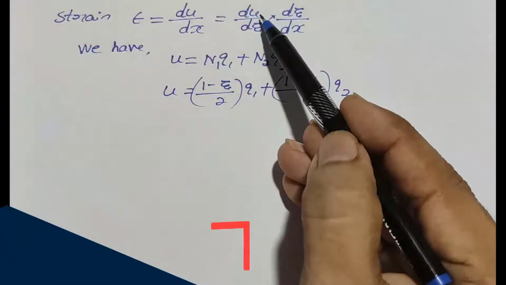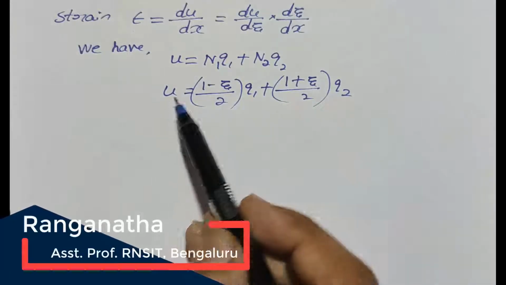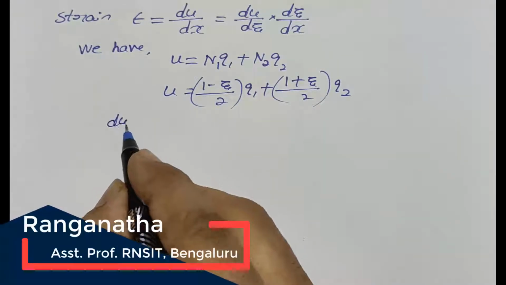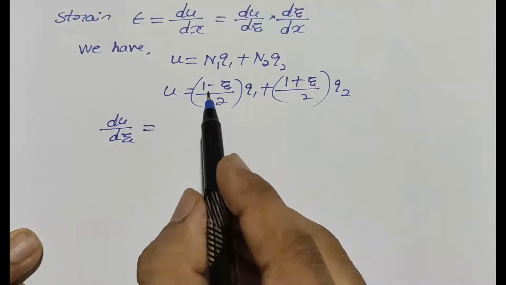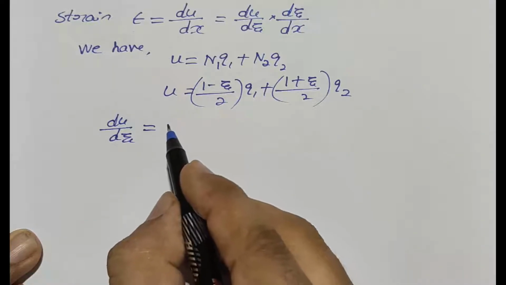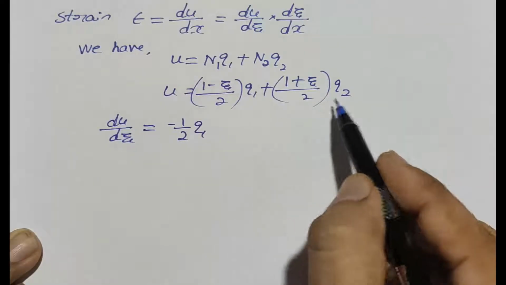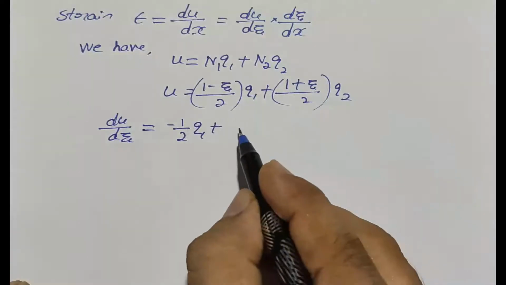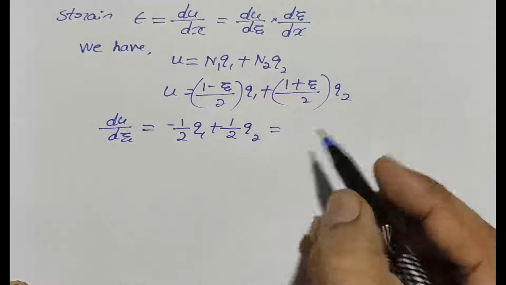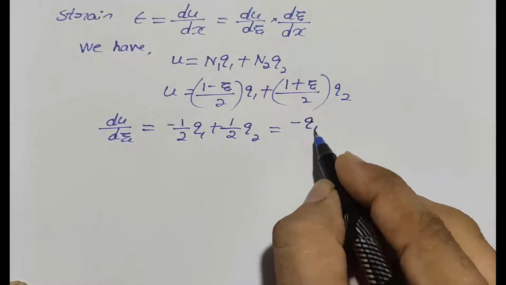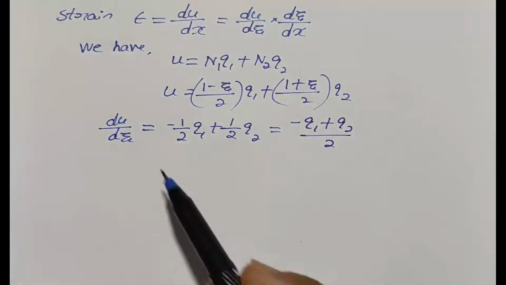Here we need du by d zeta, means you have to differentiate this u with respect to zeta. So du by d zeta is equal to, if I differentiate this, we will get minus half into q1. If we differentiate this term, it becomes plus half into q2, or which is equal to minus q1 plus q2 by 2. So this is du by d zeta.